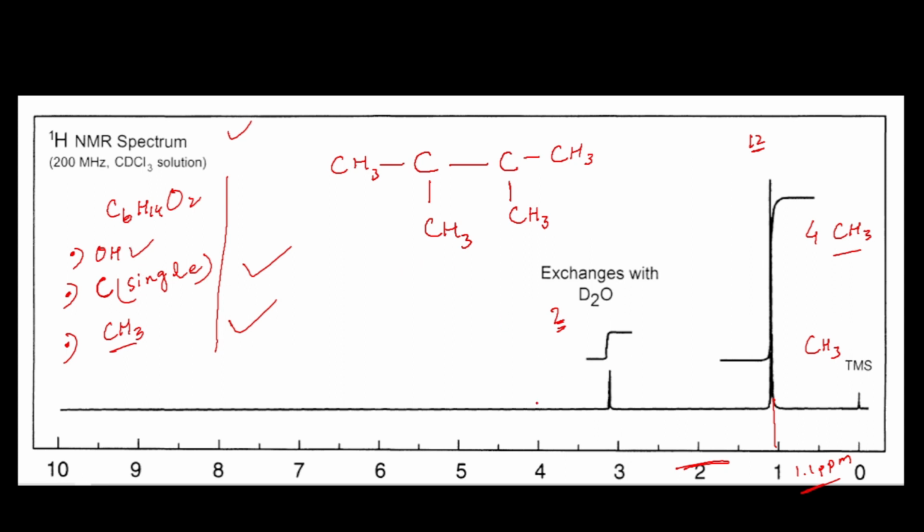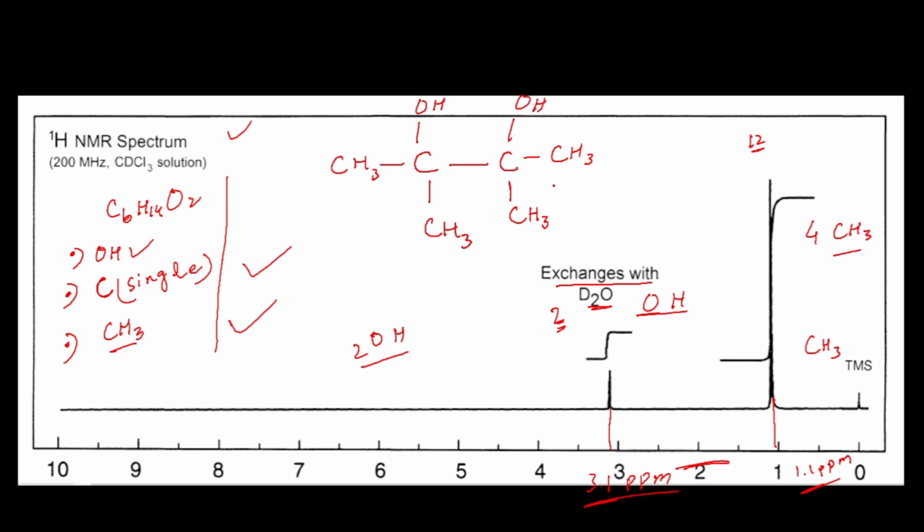Okay, from the NMR spectrum, is there any chance of the presence of the OH group? Yes, this 3.1 ppm value exchanges with D2O, which shows that this peak is due to the OH group. So the integration value is 2, it means 2 OH groups are present in your structure. So the first OH group is this and the second OH group is this.